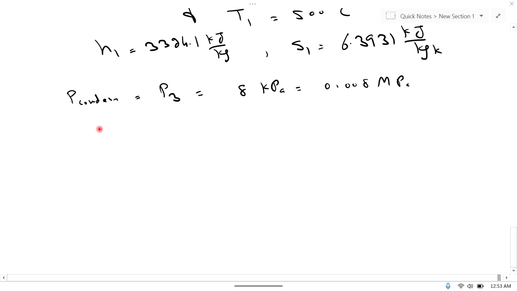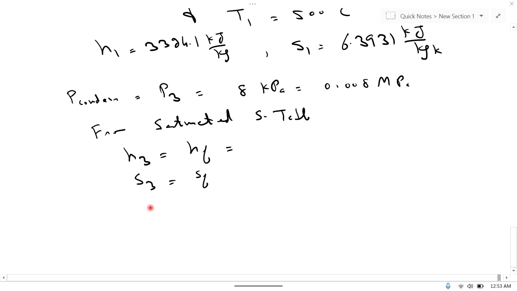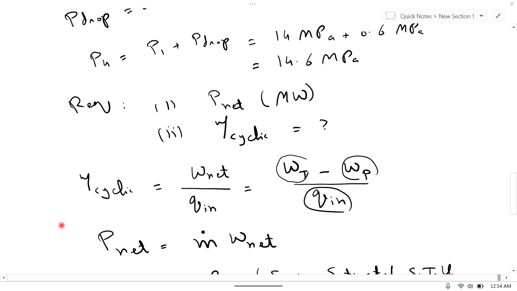So at this pressure, from the saturated steam table, H3 is equal to HF, S3 is equal to SF, and V3 is equal to VF, and these values are given in the saturated steam table.